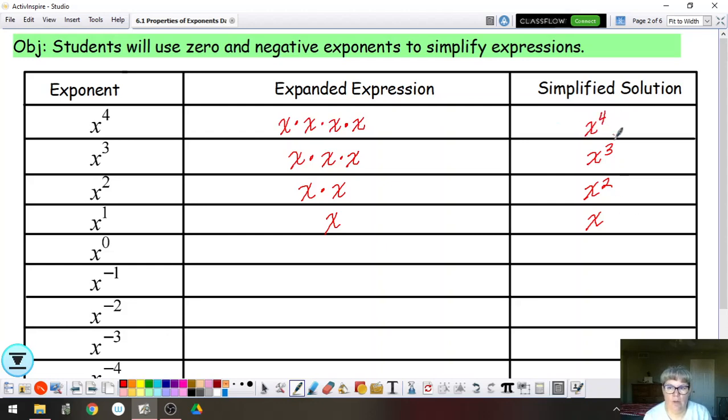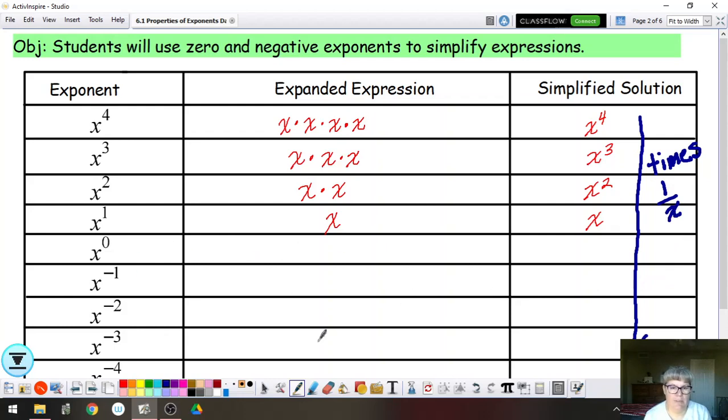Now if we want to go down the table like we did before, as we go down the table, if we are going to go to the row below, we would divide by x or multiply by 1 over x.